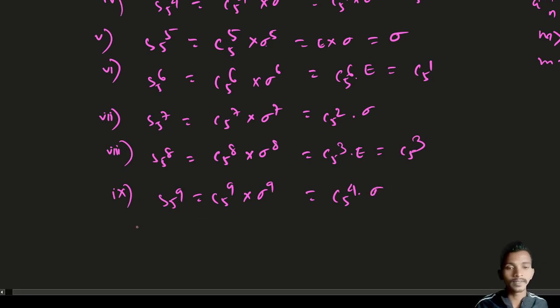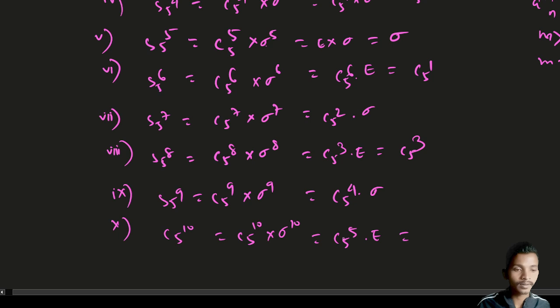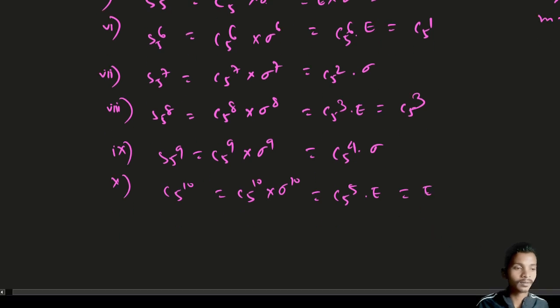This is also not repeated. Then C5^10, that is equal to C5^5 into E. So this is also E. Okay, again I have to repeat it.